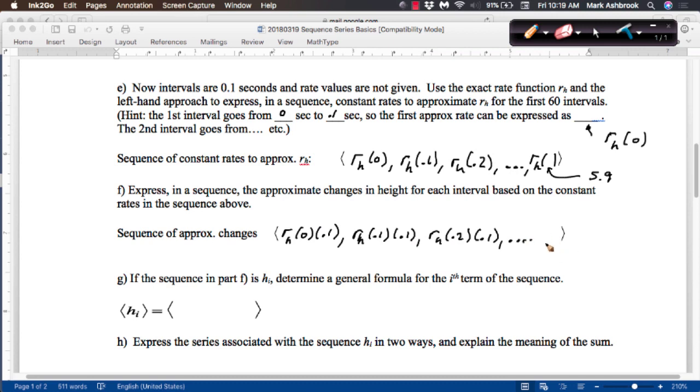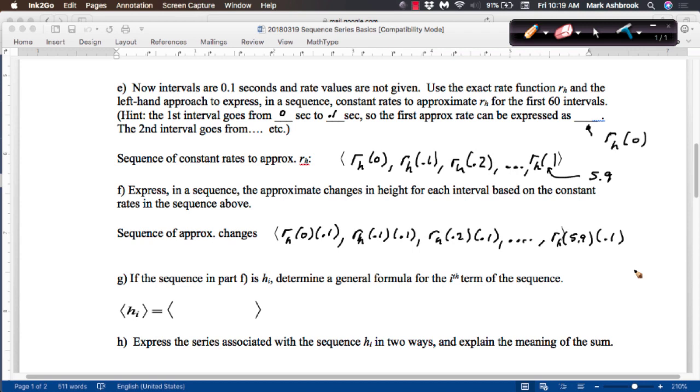The last one will be r sub h of 5.9 times 0.1. How many people got that or were close on that one? Some, good. All right, that's hard. You really got to know your function notation. Think about using function notation and then getting the m dx principle.